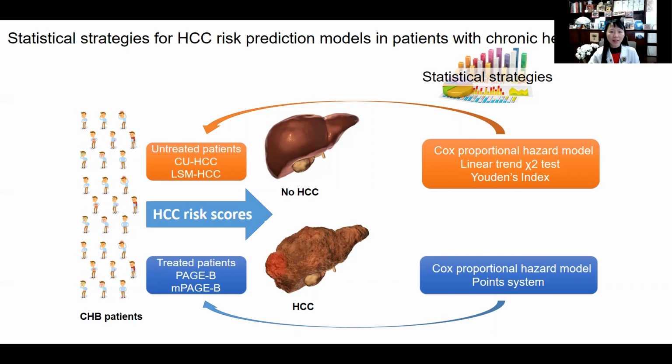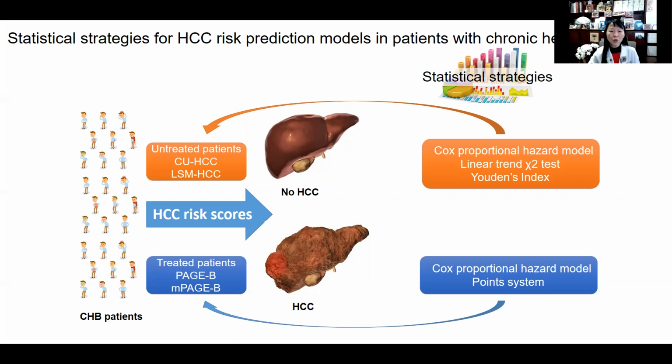So listed here, the common statistical approaches include the conventional Cox proportional hazard model. In this approach, various types of clinical characteristics or covariates will be included in the multivariable models, and they will identify those independent predictors of HCC.